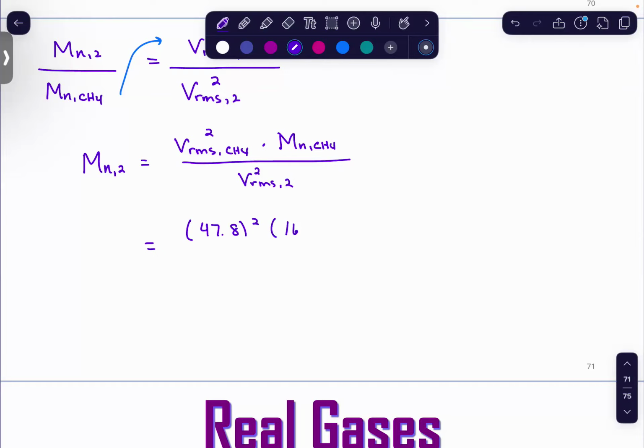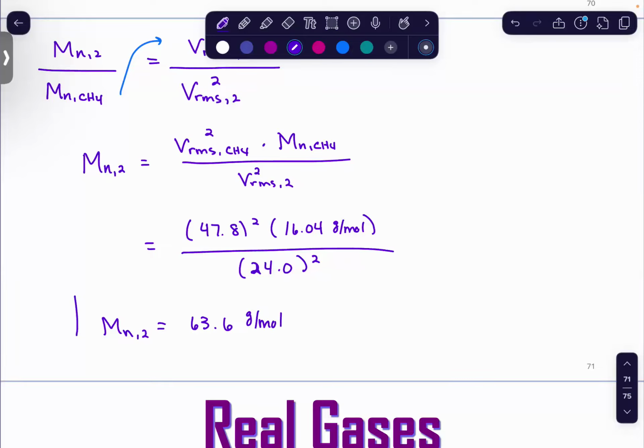Let's see, methane is 16.04 grams per mole. And like I said, you can just start putting actual molar masses into your numbers instead of calculating them each time. And then over 24.0 squared. So the molar mass of gas 2 is 63.6 grams per mole. Now, you could take this, do a little bit of research, and you could actually identify what the gas is.